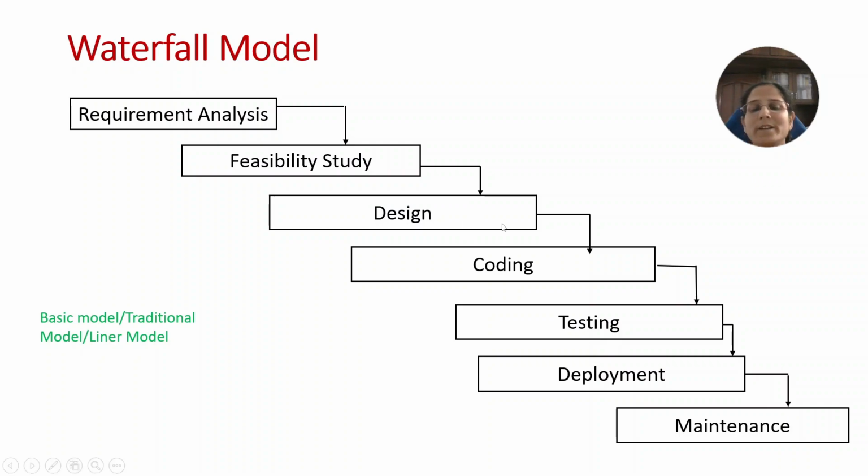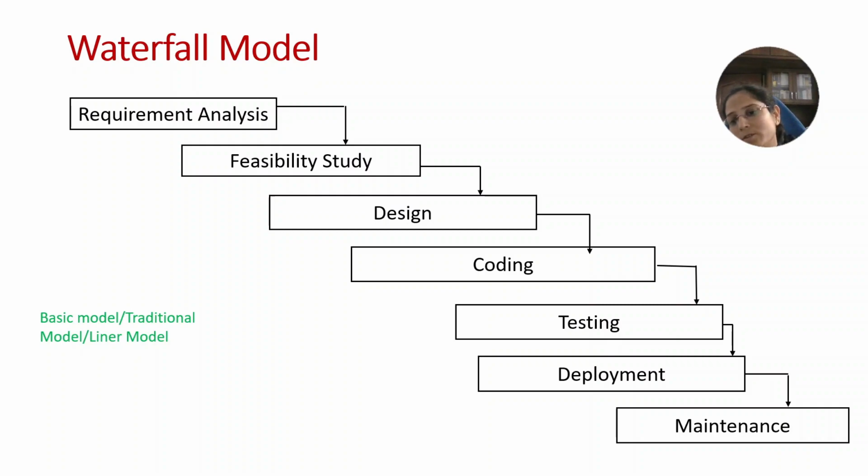That will be done in the design phase, and then the actual development work will start, where the developer will start developing the application. Once the coding phase is done, it will come to the testing team in the testing phase. The testing team will test the application, and if there is any defect, they will raise the defect, get it fixed and retested.